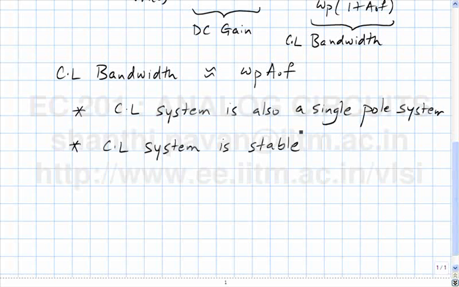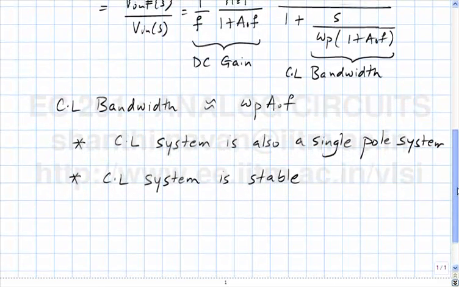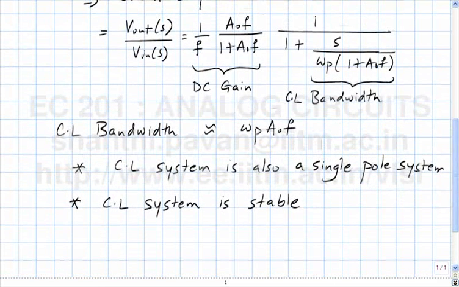And is there any condition on A naught that needs to be satisfied for the closed loop system to be stable? Look at this expression and tell me. As long as you make sure that the feedback is negative feedback, which basically means that A naught and F must be positive, then you see that this closed loop system is stable unconditionally.